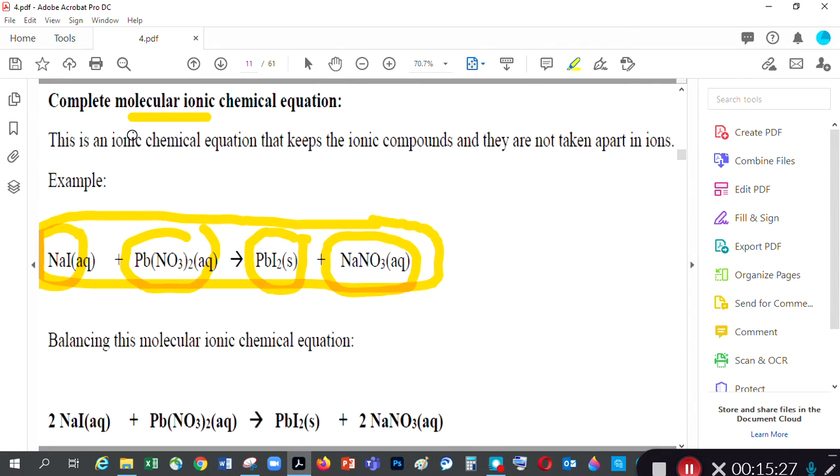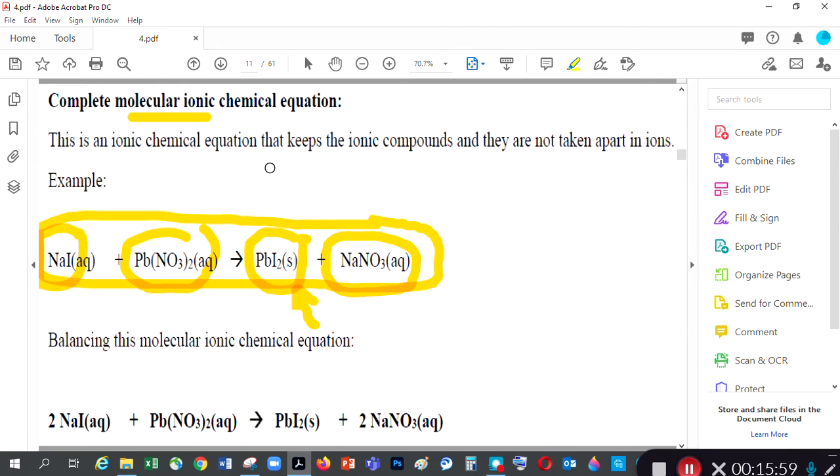Molecular means they are in one unit, so they are not taken apart yet. And then we have aqueous, correct? The lead(II) iodide is solid. This is the only solid here. And sodium nitrate is aqueous, correct? Now, we don't take any ions apart. This is the complete molecular equation.